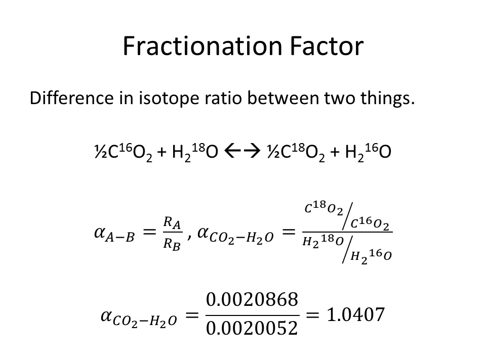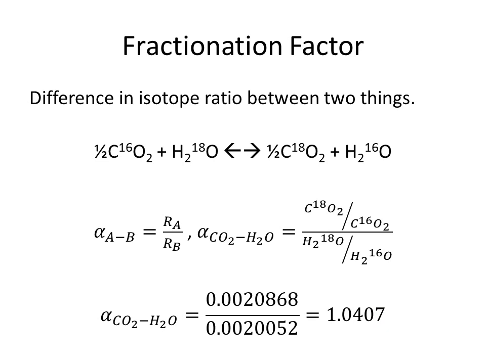In this example, if we look at the oxygen 18 to oxygen 16 ratio, there's more oxygen 16 than 18, so the ratio in CO2 is this very small number, and the ratio in water is this number here, so the fractionation factor between them is this number, which is quite close to 1.